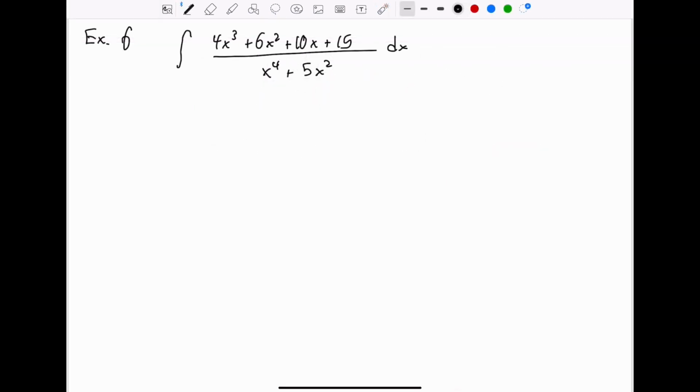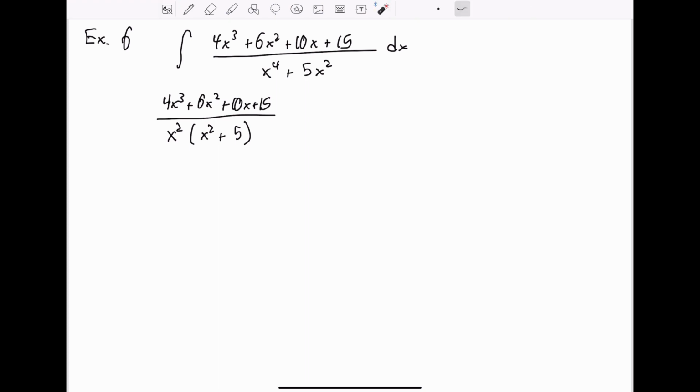Finally, let's take a look at example 6. My first step will be to double check that the degree of the denominator is greater than the numerator, which it is. So next I want to factor the denominator. I can factor an x squared from both those terms, so that's what I'm going to do first. I'll copy down the numerator and then factor the denominator as x squared times x squared plus 5.